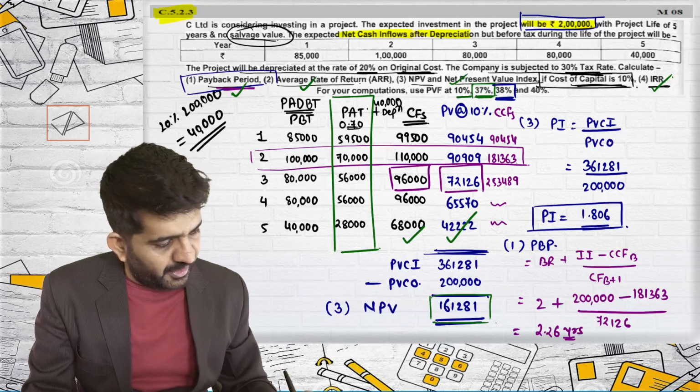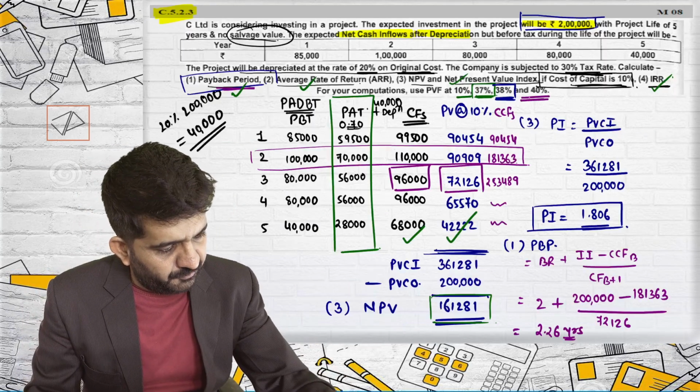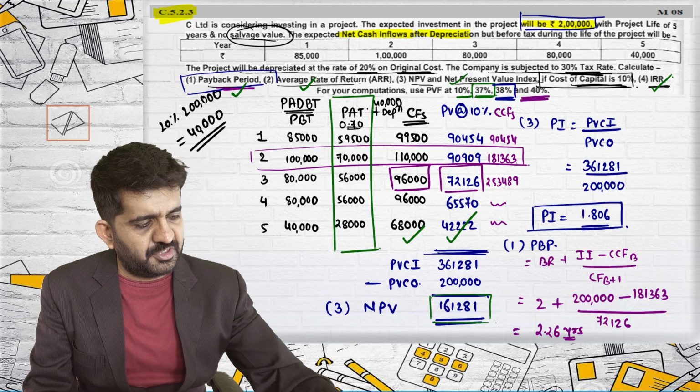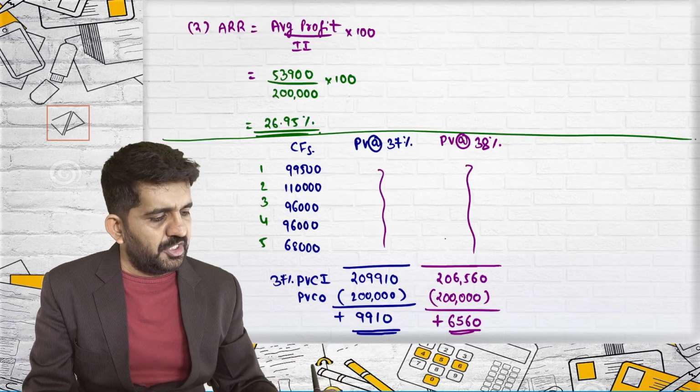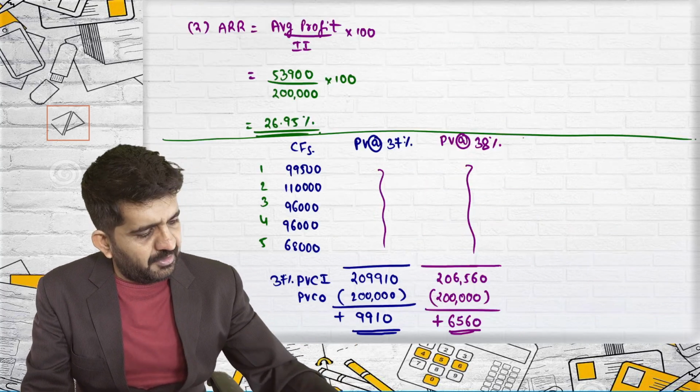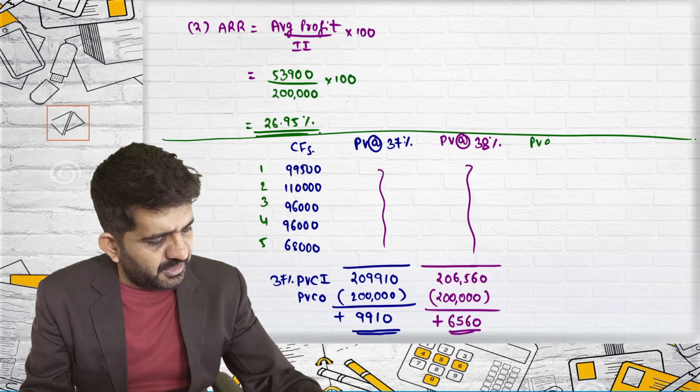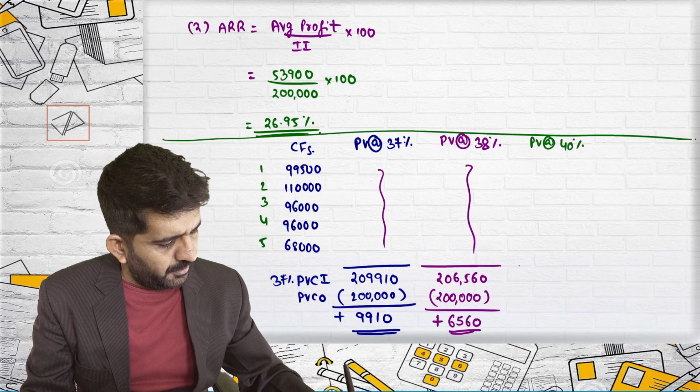I will now try it at 40%, which the book is only giving me, which percentage I should try out. The question itself is giving me. So I am trying out at 40%, present value at the rate of 40%.